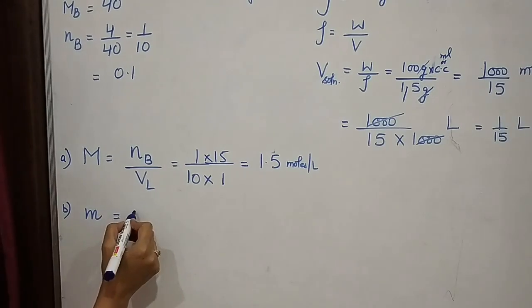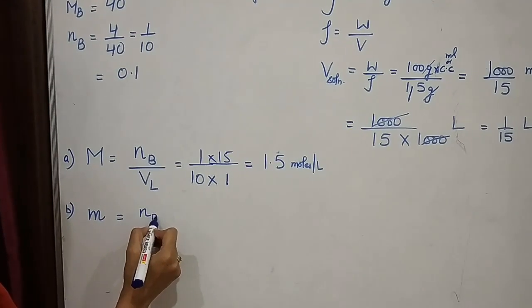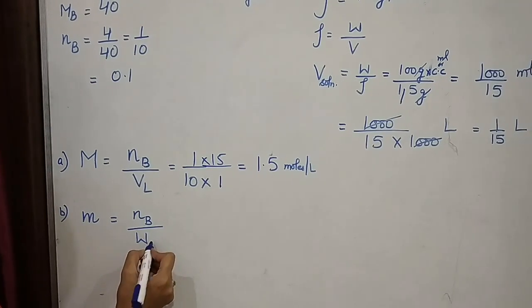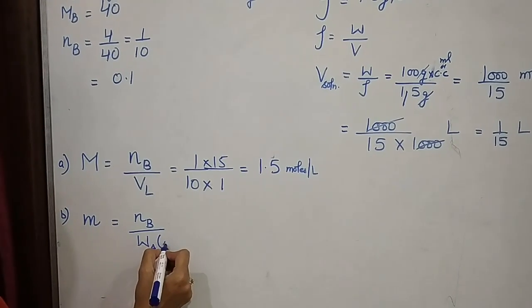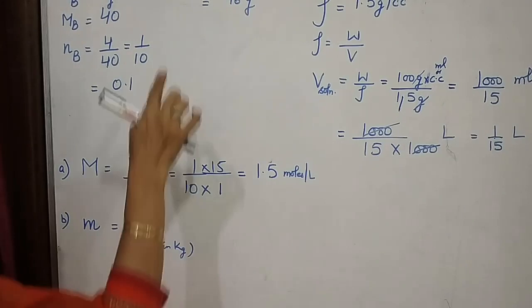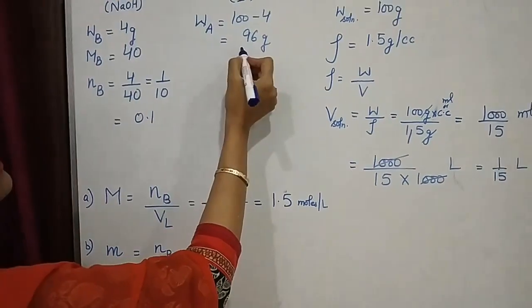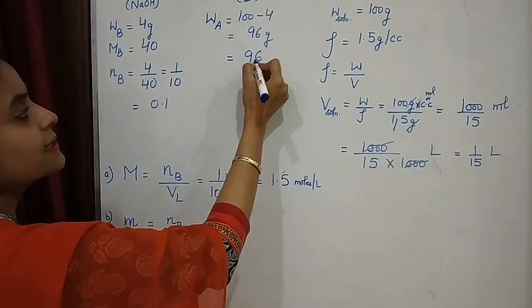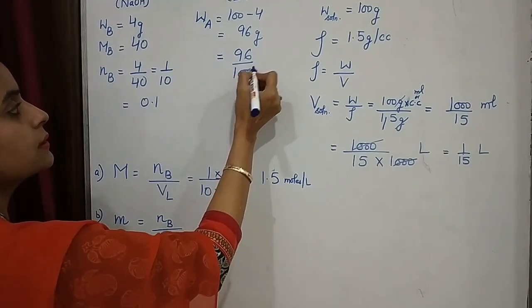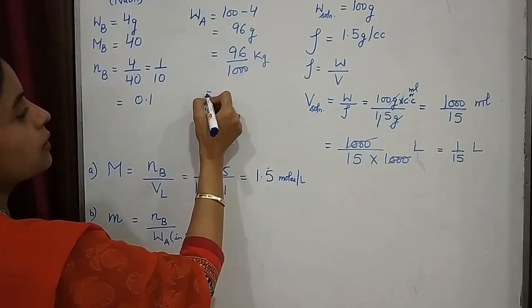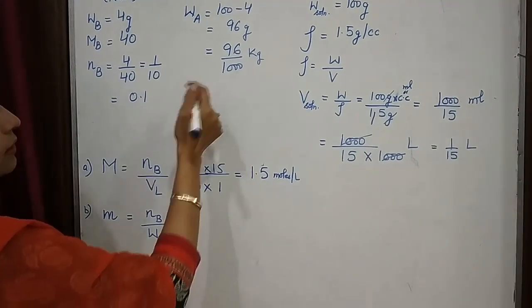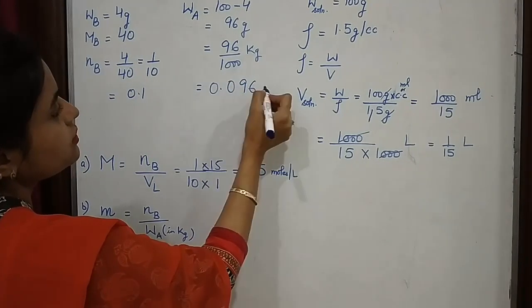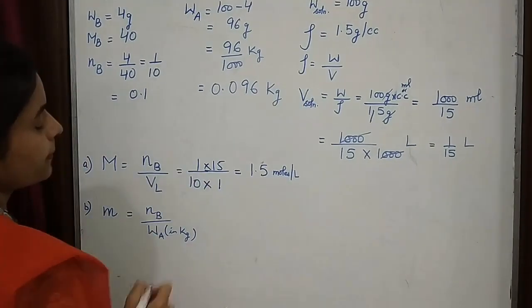Now molality. We know that molality is equal to number of moles of solute present per kg of solvent. Now we know that here this is in grams. If you convert it into kg, then 96 upon 1000 kg, or you can write 0.096 kg.